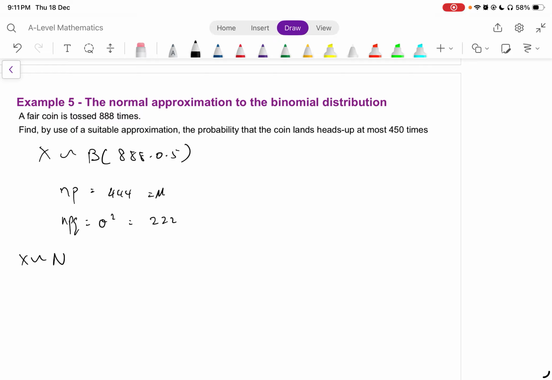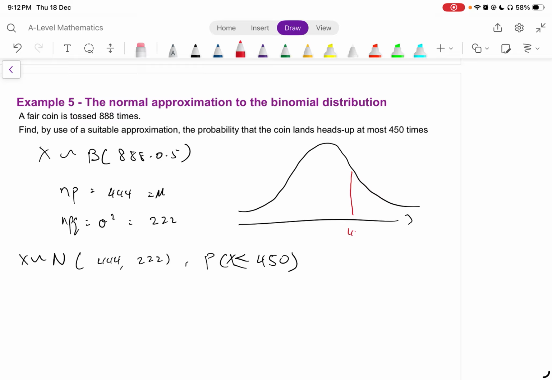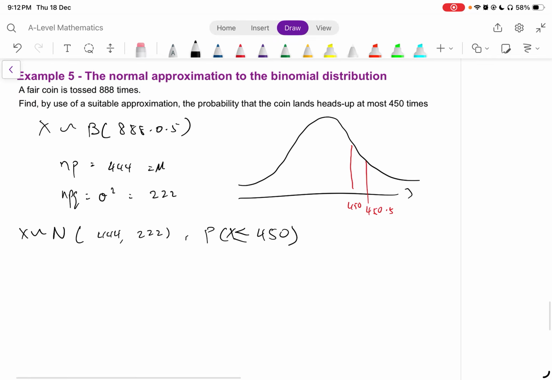The normal distribution of x is 444, 222, and we have to find the probability of at most 450, so x is smaller than or equal to 450. In this case, because it is at most, we have to choose 450.5, since we have the equal sign. So the probability of x smaller than or equal to 450 is phi of z, where z is 450.5 minus 444 over the square root of 222.